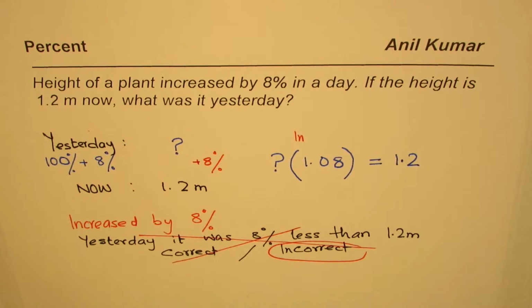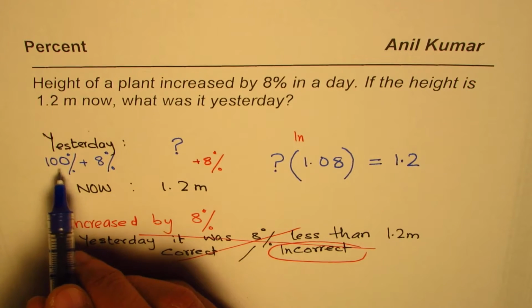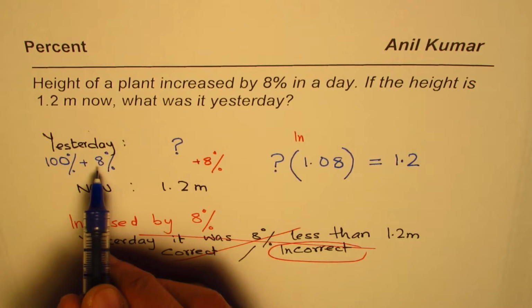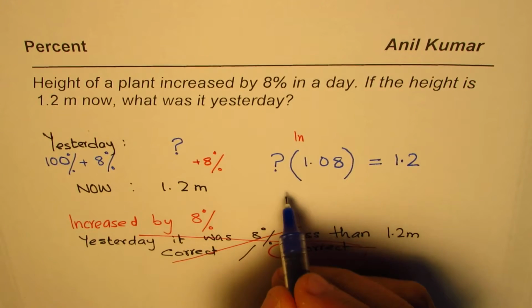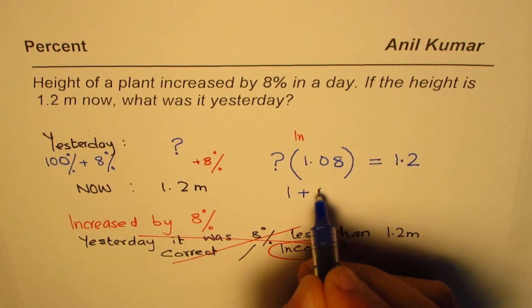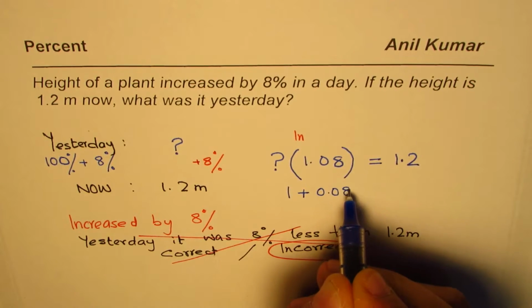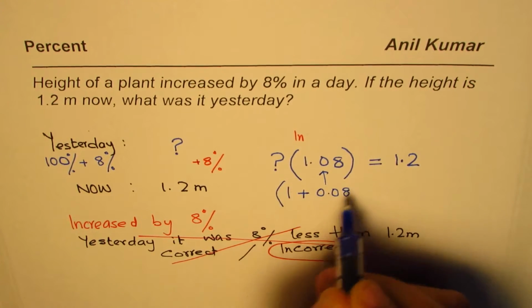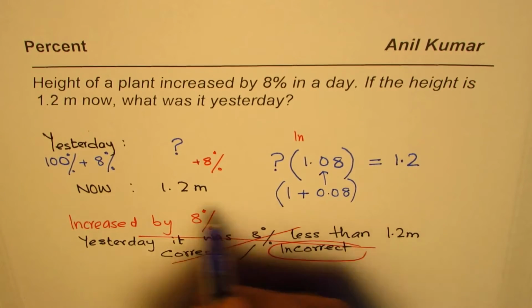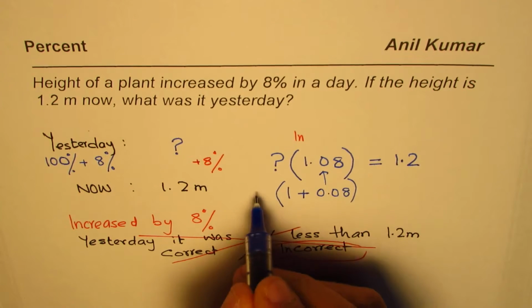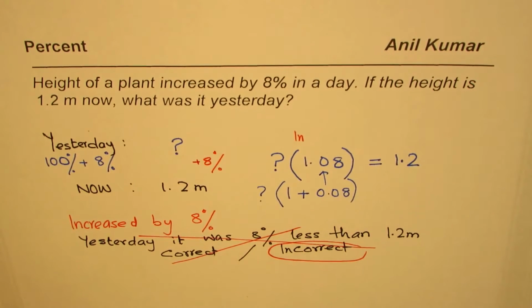Correct? That is how you get it. So it is 1 plus 0.08, which gives us 1.08. That gives you 1.2. I hope this concept is clear.